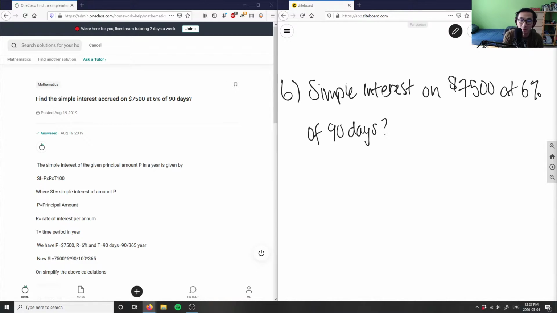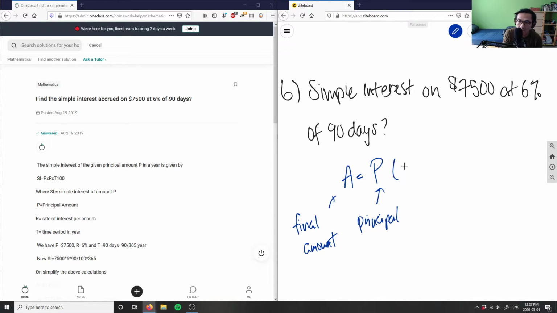So our formula for simple interest is A, our final amount, equals P, which is our principal, or what we start with, times 1 plus RT, where R is the interest rate and T is time, in years.